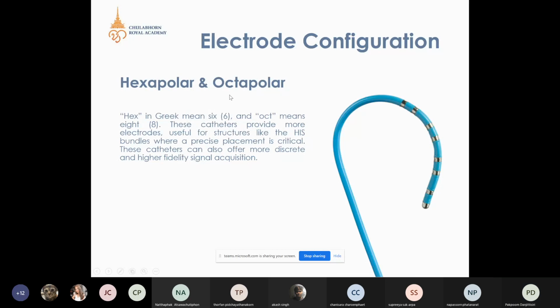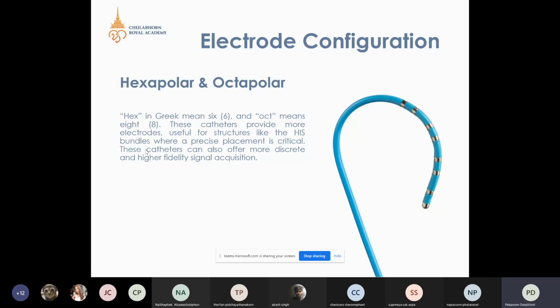The purpose of these catheters is just to provide more electrodes, and they are useful for structures like the His bundle, where precise placement is critical. That means if the quadrupolar catheter cannot be placed, it's quite difficult to place at the His area.